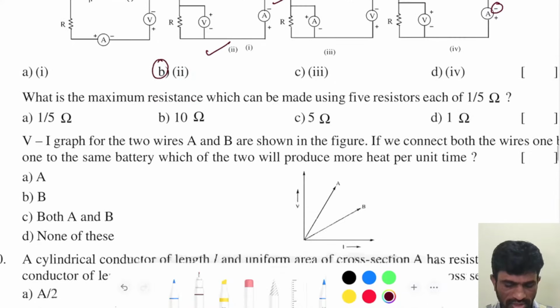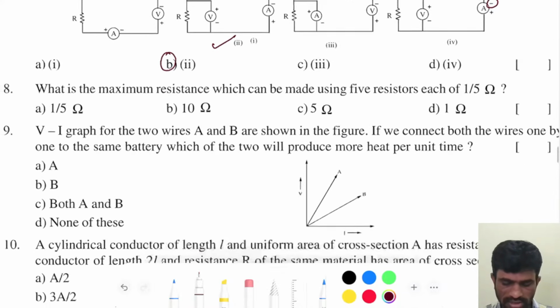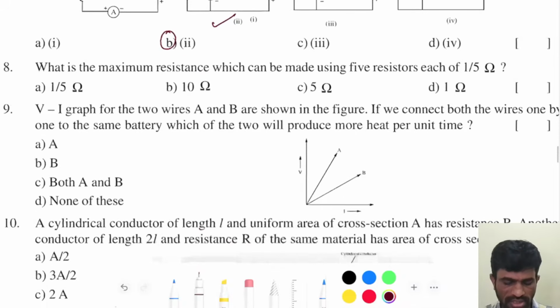You try this question, question number 8. Which is correct in this? What is the maximum resistance which can be made using 5 resistors each of 1 by 5 ohms? Maximum, how much can we get?